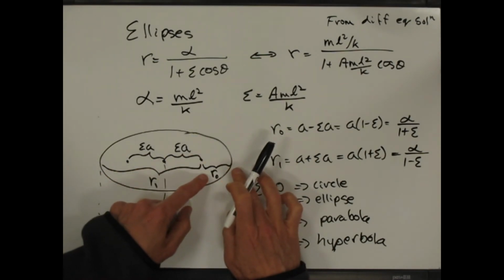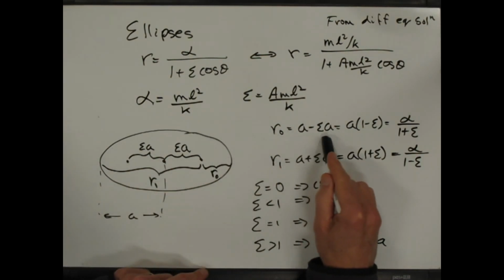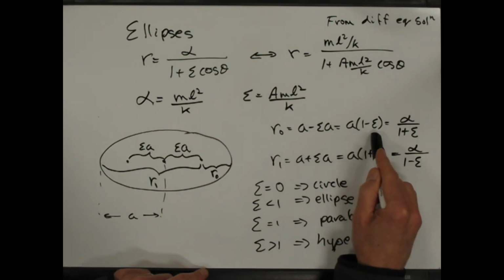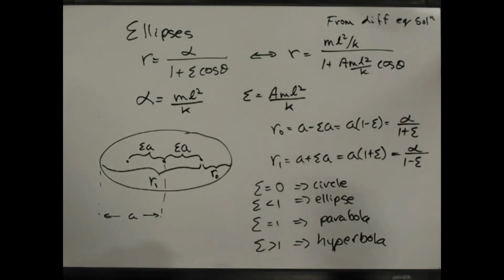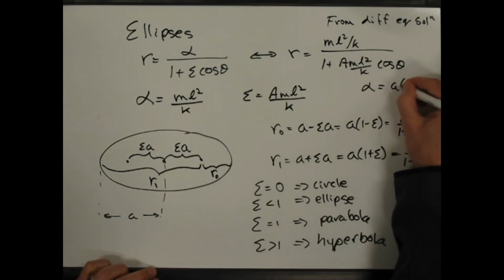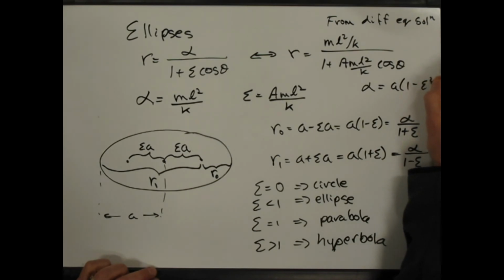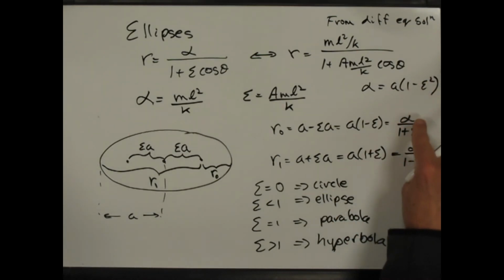And so the pericenter is just a minus epsilon a, which is what I've written here, and that's just a times (1 minus epsilon), which is just the latus rectum over (1 plus epsilon), because if you remember, the latus rectum alpha is just a times (1 minus epsilon squared). And so that's the same thing as (1 plus epsilon) times (1 minus epsilon).